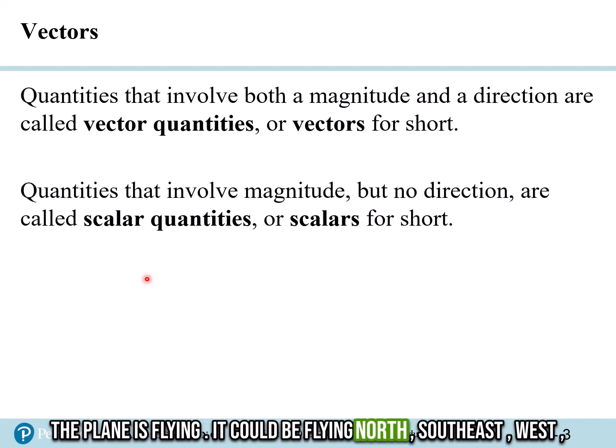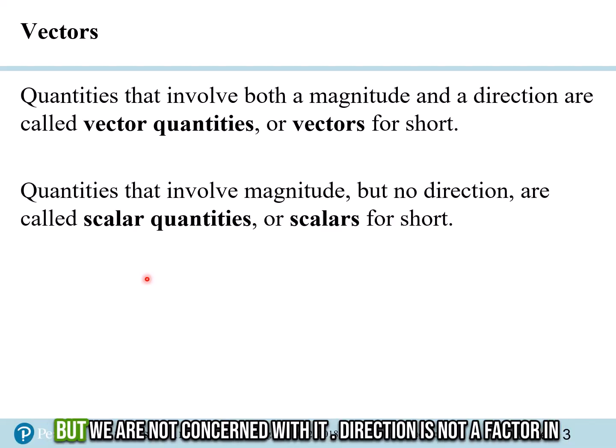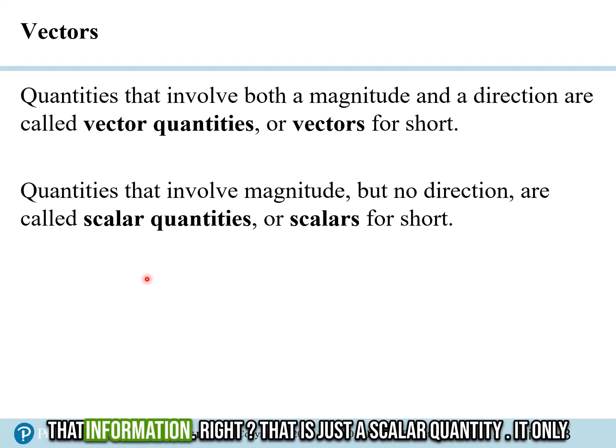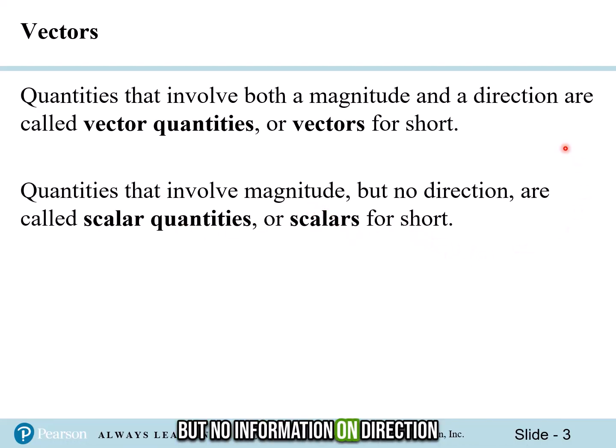It could be flying north, south, east, west, northwest, northeast, southeast, southwest, any direction, but we are not concerned with it. Direction is not a factor in that information, right? That is just a scalar quantity. It only involves magnitude. The speed is the magnitude in that case, but no information on direction is associated.